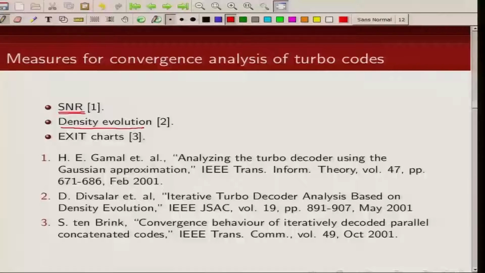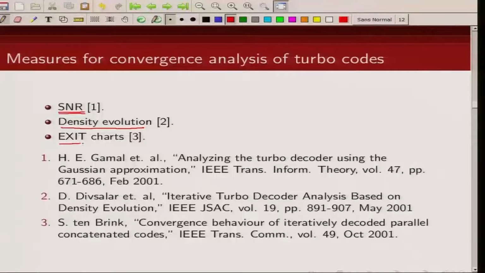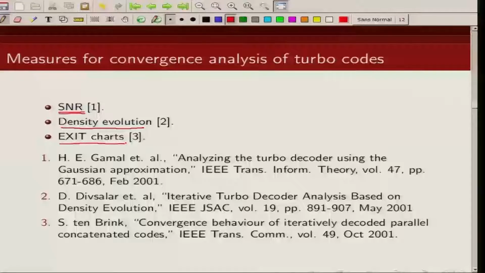In the density evolution method by Divsalar and others, they actually see the density of this extrinsic information, how it grows with iteration. And this approach of Ten Brink, which is known as the extrinsic information transfer chart, uses mutual information as a parameter to observe how your extrinsic information is growing with iterations.